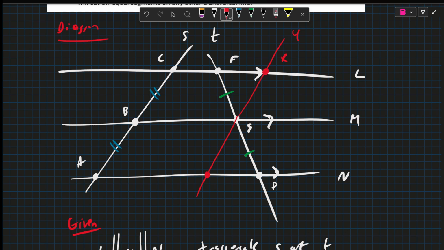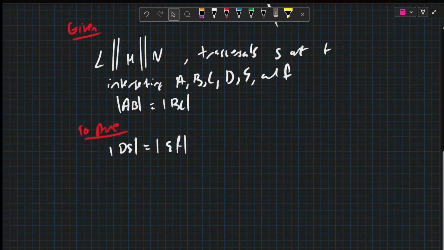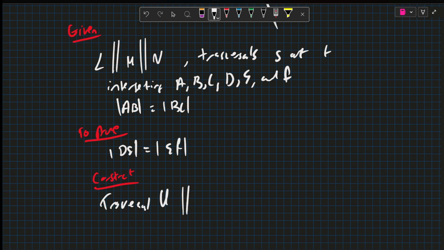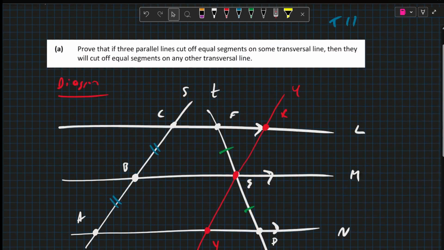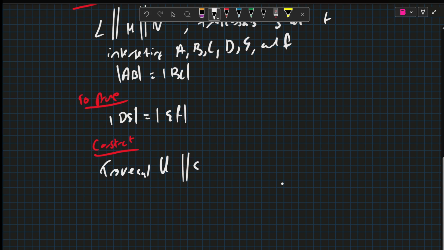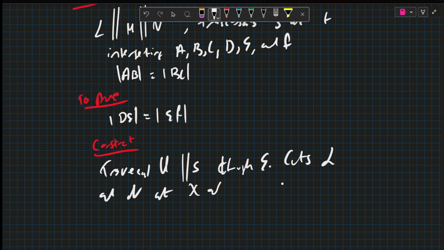We're going to call the points where it intersects X and Y. It goes through E. So what we're going to construct, therefore, is transversal U parallel to S, through E, and then it cuts L and N at X and Y, respectively.